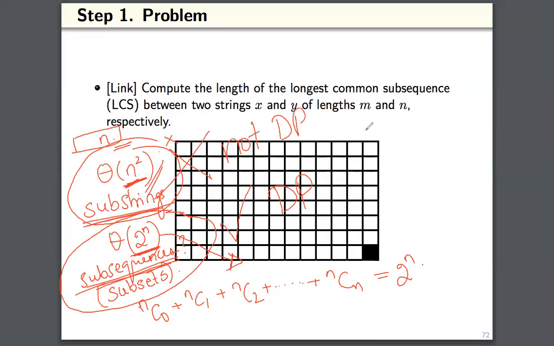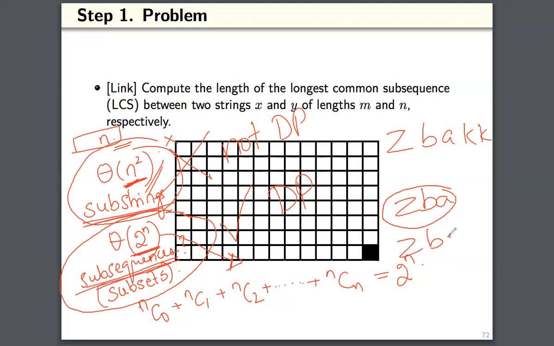Think about it. Suppose we took that example, Z, B, A, K, K, whatever. Suppose this is a subsequence. Then Z, B, A is also a subsequence, right? This is also a subsequence. Z, B, A, K is also a subsequence.